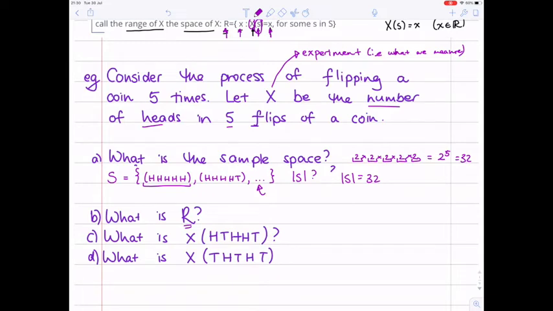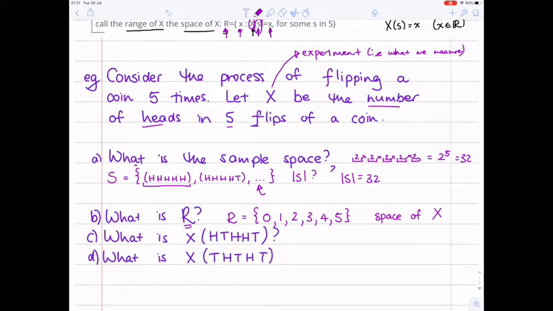And what are the possibilities here? Well, we might get no heads if we get 5 tails in a row. So 0 is one possible element of R, or we could get 1 or 2 or 3 or 4 or 5. So those are the possible numbers of heads that we could measure when we do 5 flips. So this is the space of our random variable X.